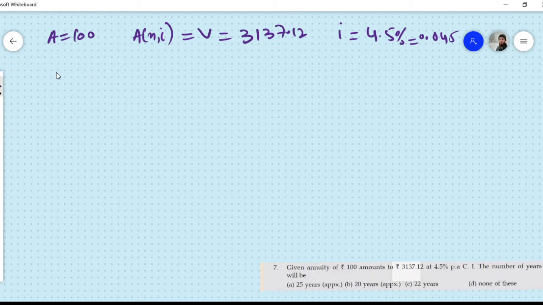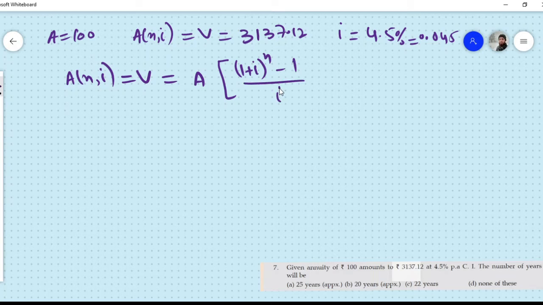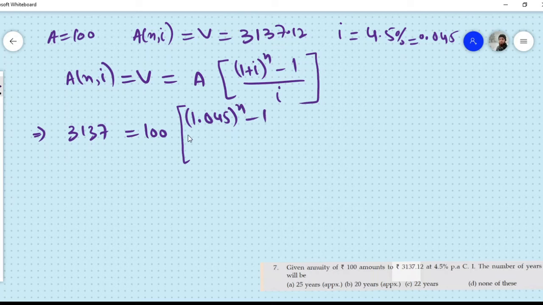After that we will use the formula of the ordinary annuity, which is V is equal to A into (1 plus I) power n minus 1 divided by I. This V is given, it is 3173 is equal to 100 into (1.045 powered by n minus 1) divided by 0.045.